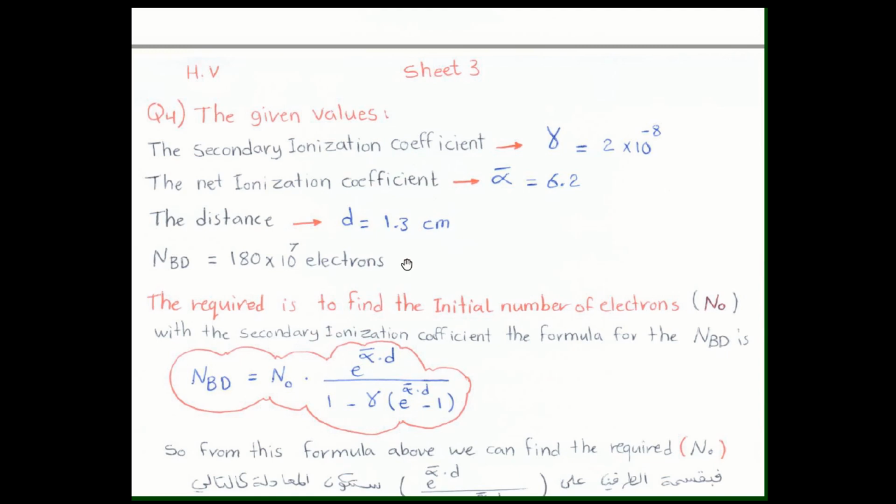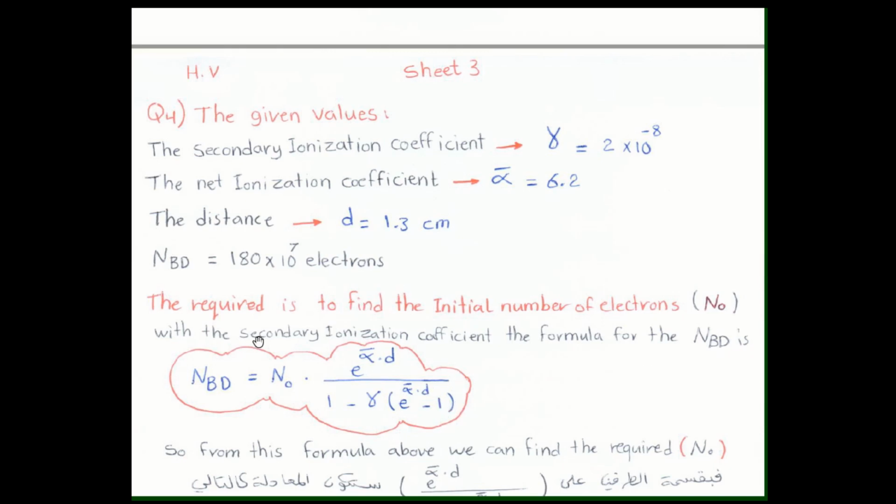So with the secondary ionization coefficient, the formula for the NBD is this. The formula for the number of electrons in the breakdown situation is like this: N breakdown equals N initial into e to the power net ionization times distance, divided by 1 minus the secondary ionization, open the bracket, e to the power net ionization times distance minus 1, and close the bracket.